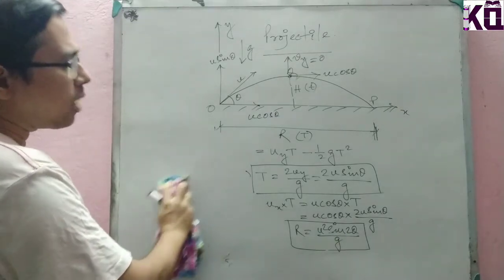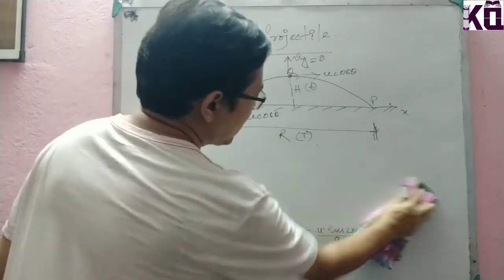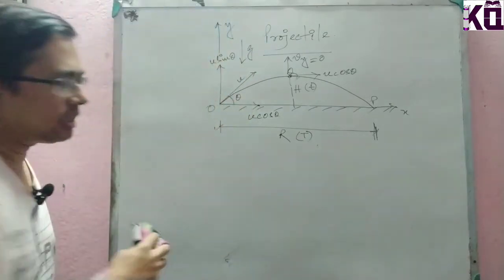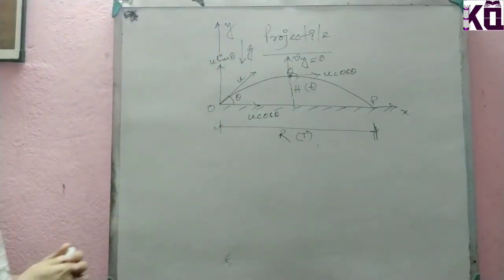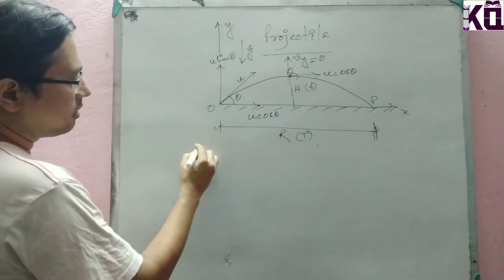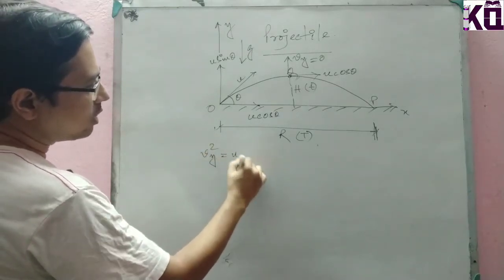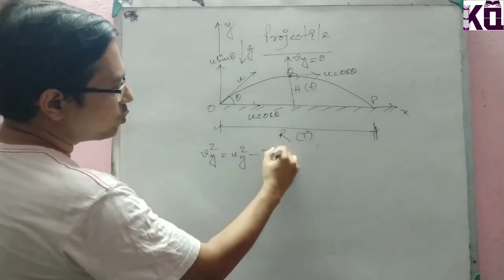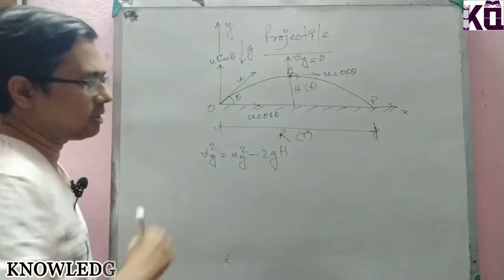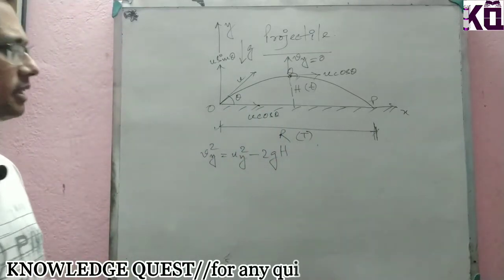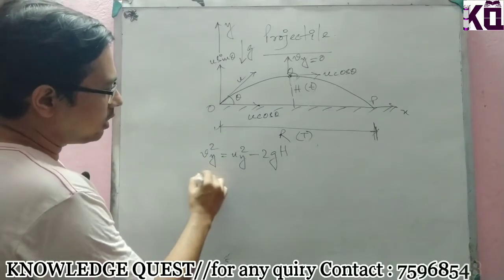But if I want to identify the maximum height it will reach, here again we can use the equation Vy square is equal to Uy square minus 2gh.